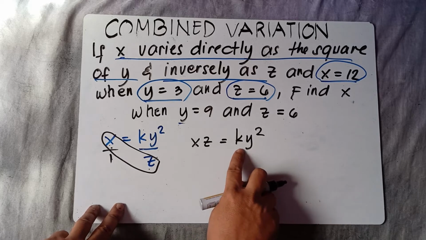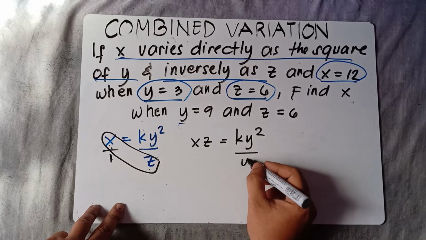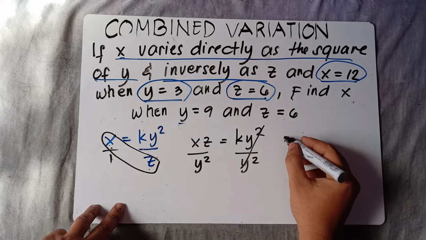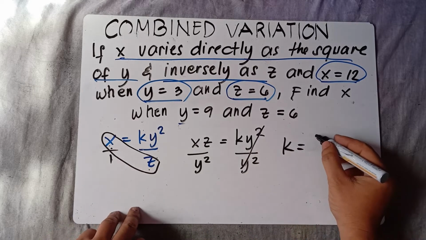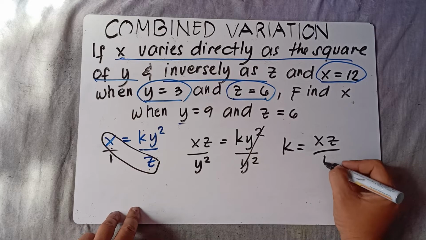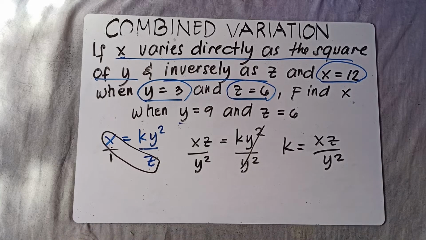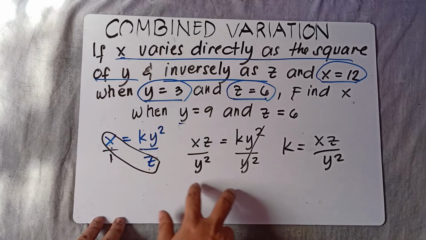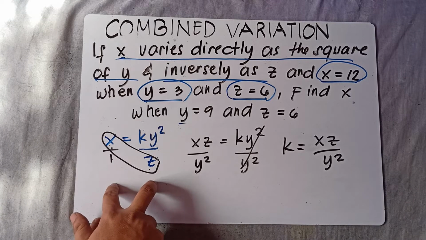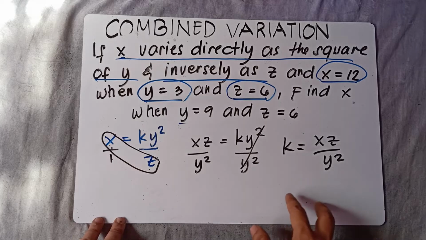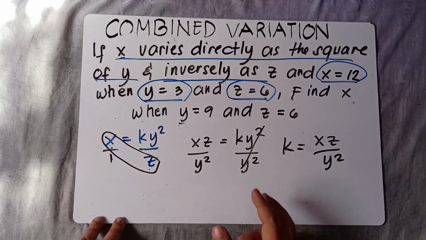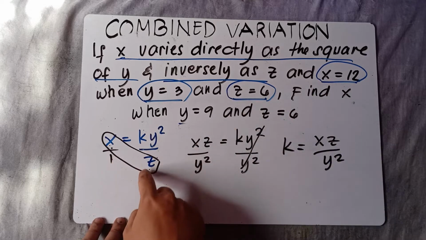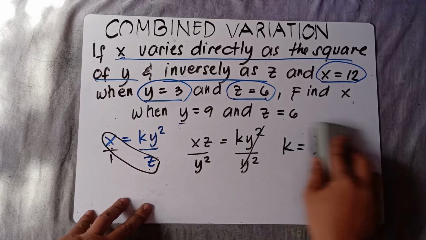If you want to find k, divide both sides by y squared. So your k equals xz over y squared. That's the formula for k in this given statement. But if you're confused with formula transformation, just substitute the values of x, y, and z. Okay, let's substitute.